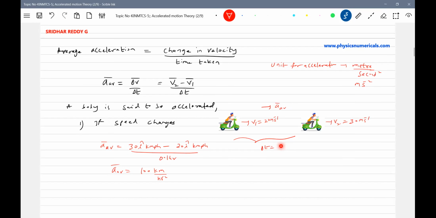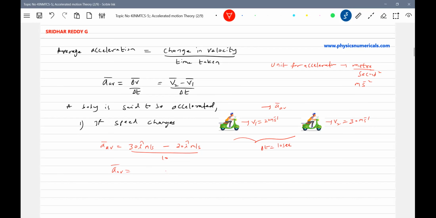And let it take around 10 seconds. Nowadays we do have such bikes where you can change speed instantaneously. So this will become kilometer, I'll take it out. Divided by 10, this should be equal to how much here? 1 meter per second square. This will be the acceleration.